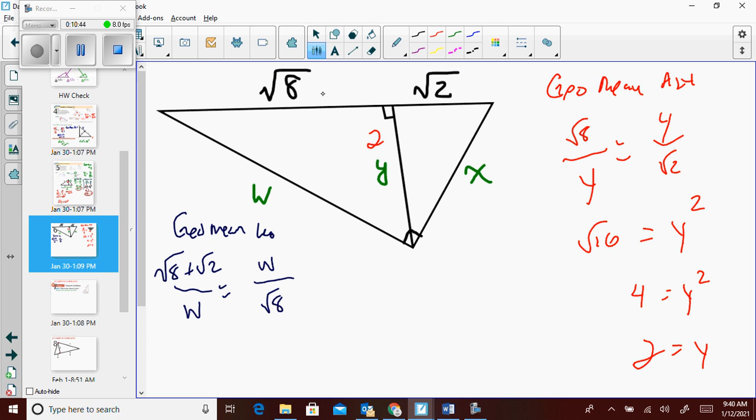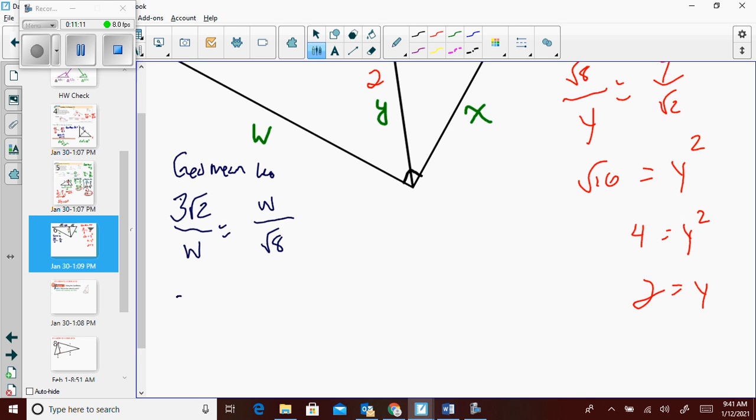Hopefully you know that, and if not, you'll see it now. This is 2 radical 2, so now the whole hypotenuse, 2 radical 2 plus radical 2, is 3 radical 2. We could do it the other way, but it's much easier if we use 3 radical 2.